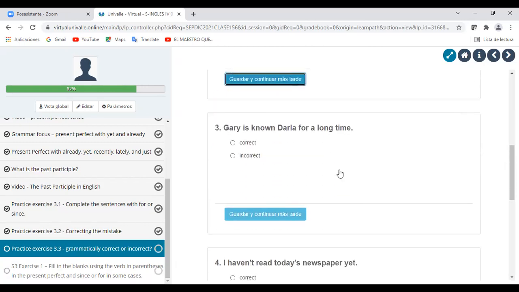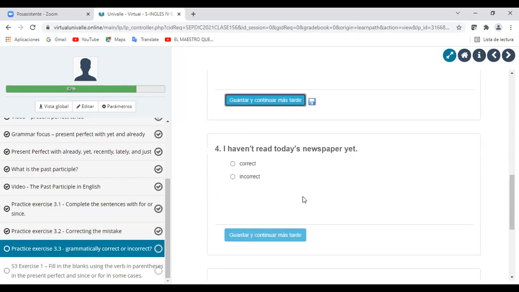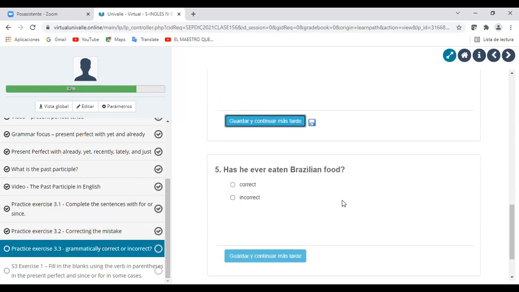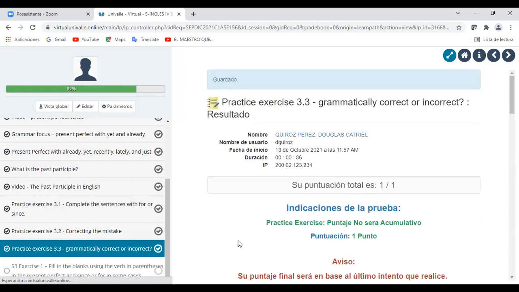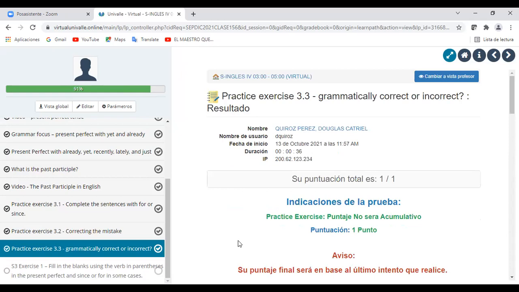Gary is known Darla for a long time, incorrect. I haven't read today's paper yet, correct. Has he ever eaten Brazilian food? That's correct. Okay, good.